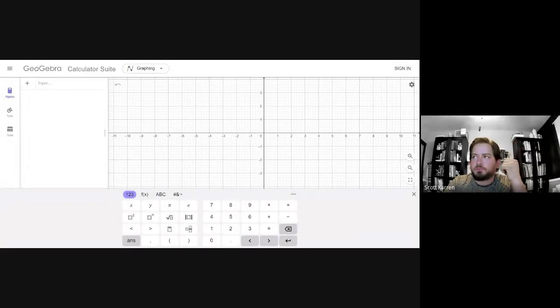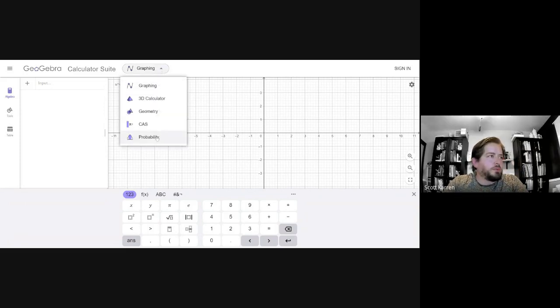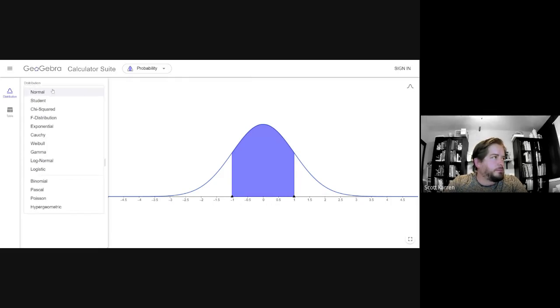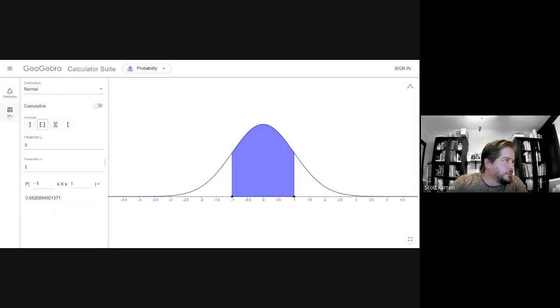Okay. So I'm going to go to probability. I don't see it here. Table. That's not helpful. I'm not 100% sure how to do this. I may have to stop this video here and figure this out.